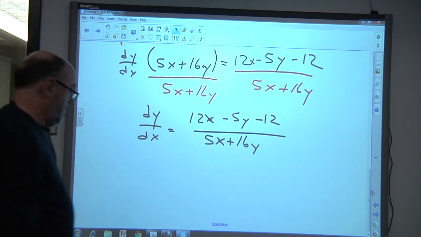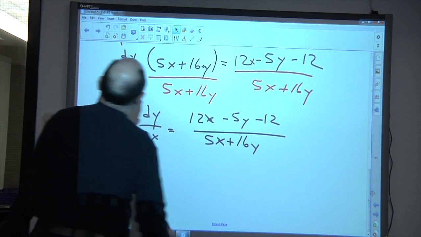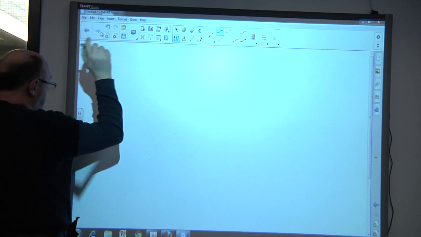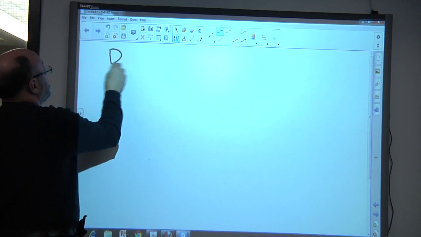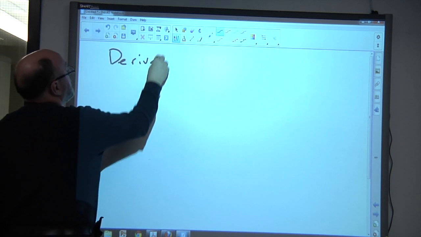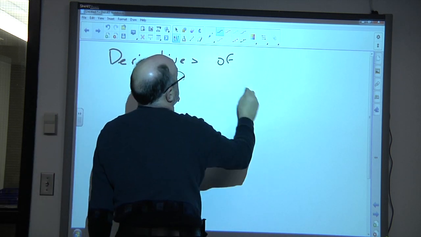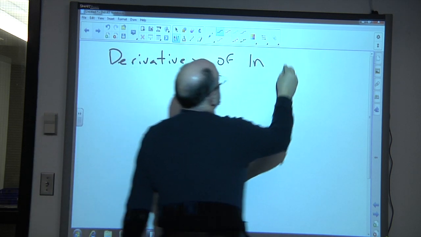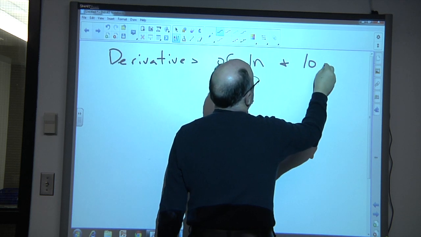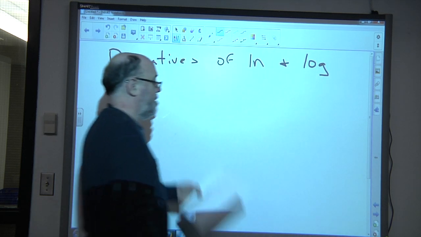Other types of derivatives they talk about is derivatives of natural log and log functions. Right?